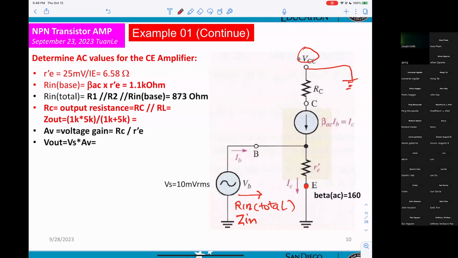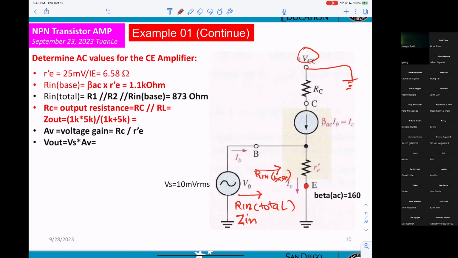And R in base, that means if you're looking into the base here, you can see what the resistance is. So that's why R in base will be RE at the base. They already calculate it for you here. Okay? R in base, you want to calculate it: take beta times r'e.